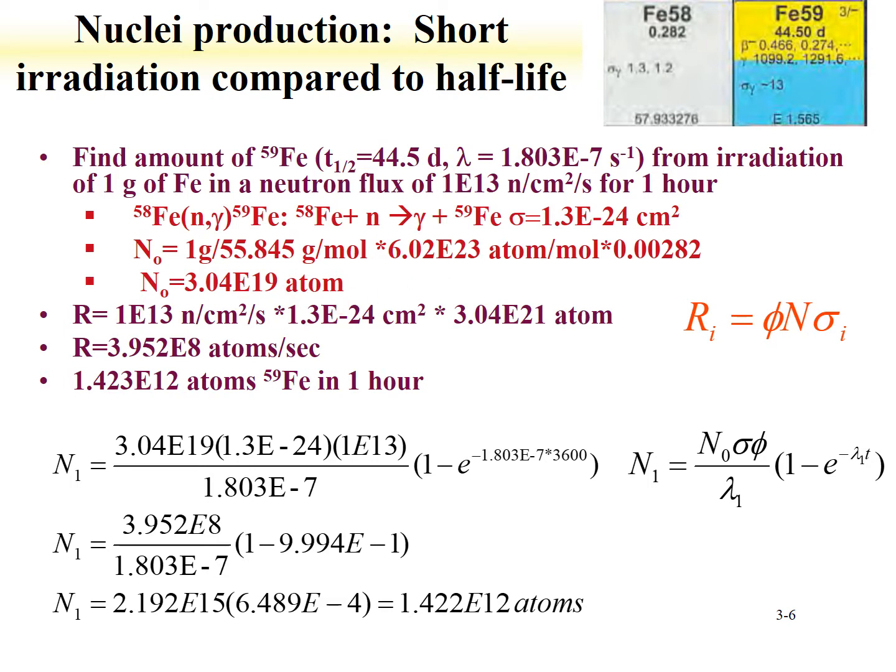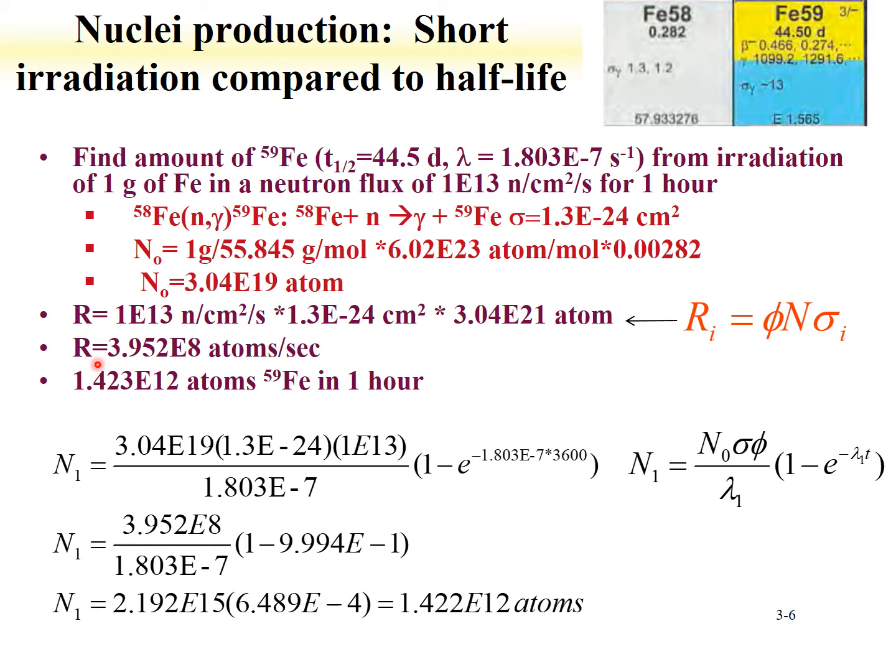All right, so we've got our information. We've got our flux, which I provide here, a neutron flux. We've got the number of atoms, and we've got the cross section. So let's plug this information into the equation. Flux, number of target atoms, cross section.